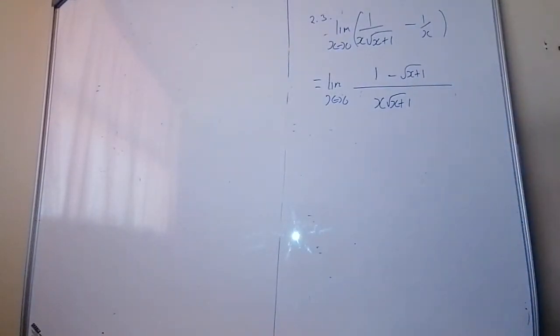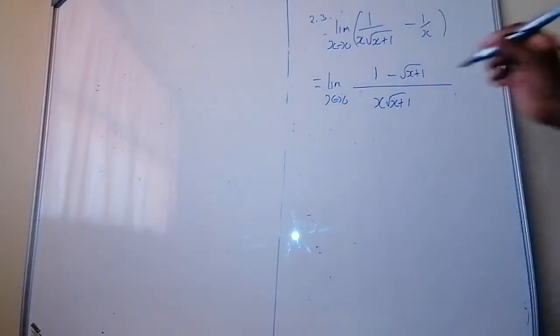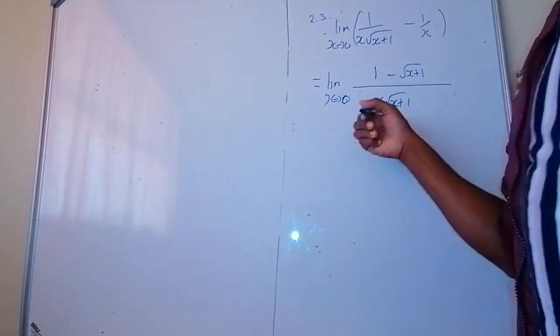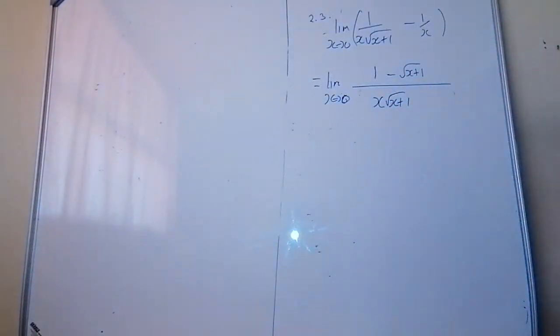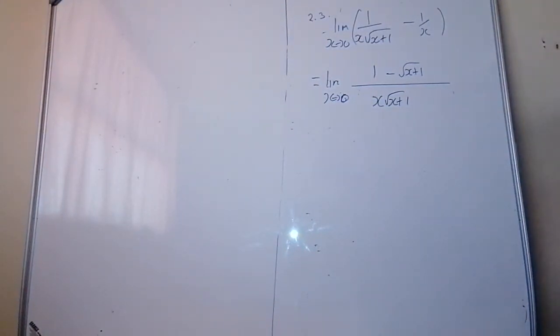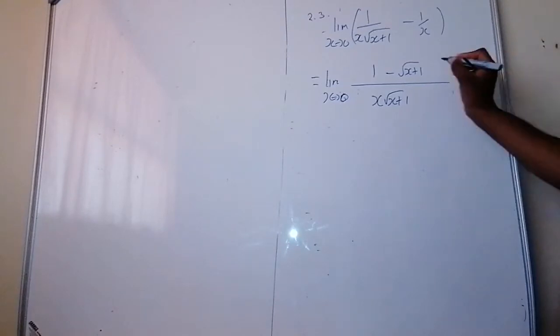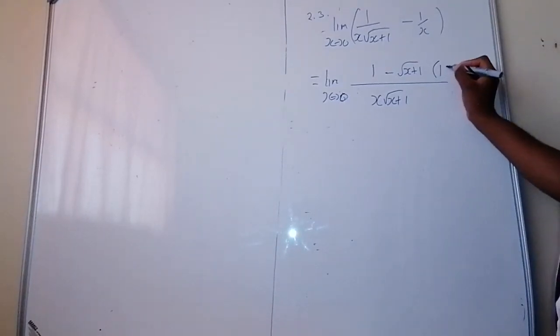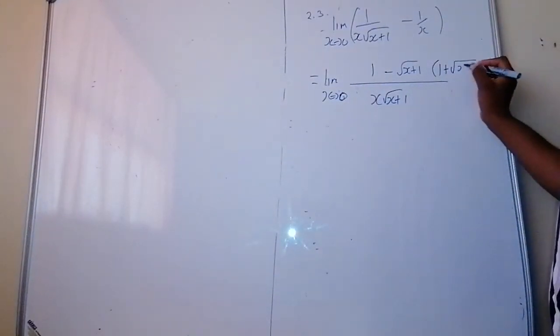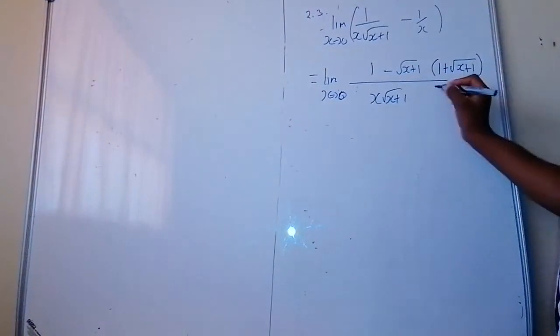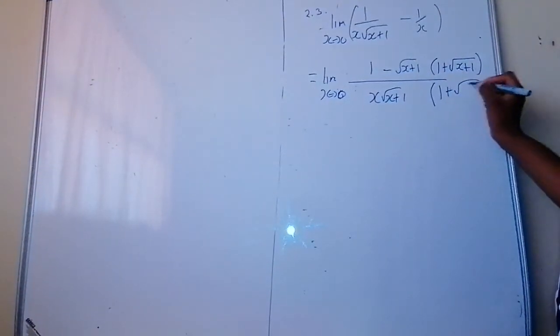So from there, even if we evaluate it like this, we still get undefined. This means that we need to simplify it a bit further. So this is going to be 1 plus the square root of x plus 1, over 1 plus the square root of x plus 1.